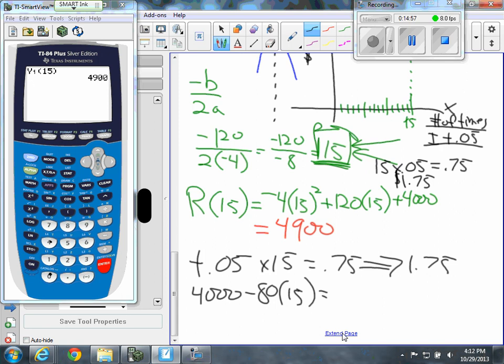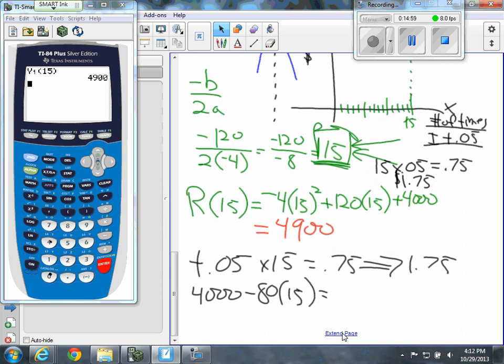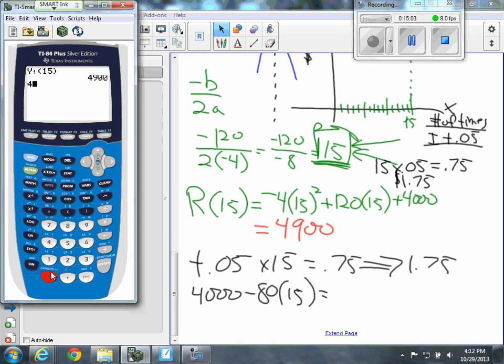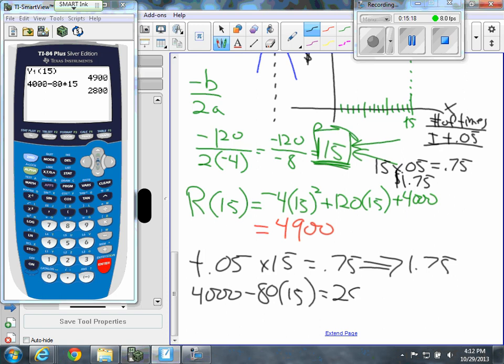Leading to 4,000 minus 80 times 15. 2,800 songs. That's a lot less.